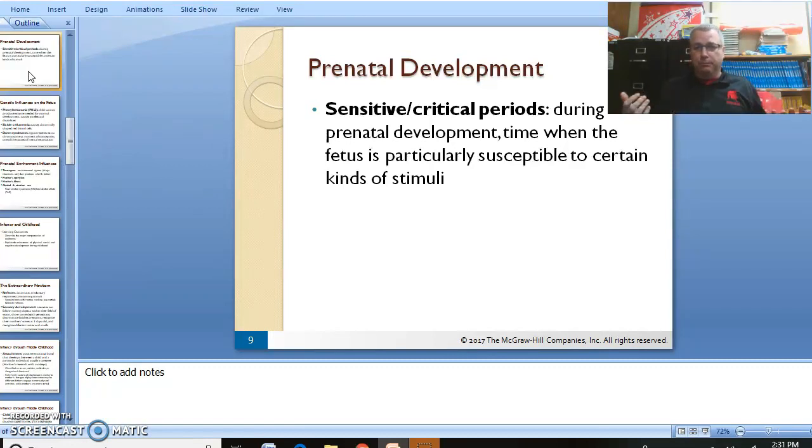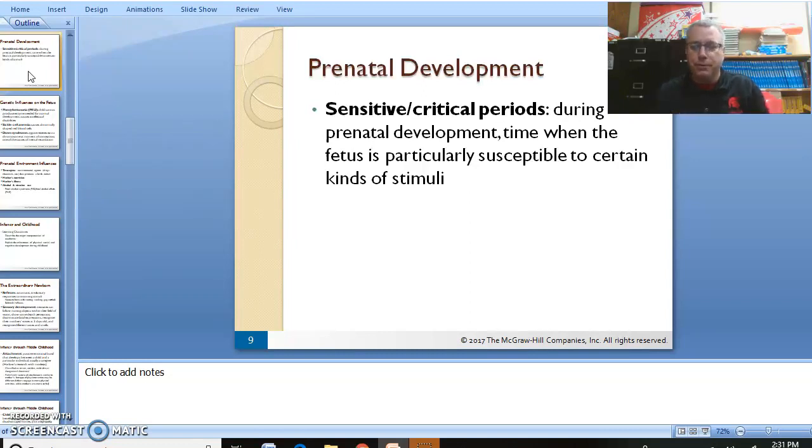So with alcohol, nicotine, any other type of drugs, medications even, mom has to be careful about what she's putting in her body, because oftentimes whatever she's taking, the medicine, the nicotine, the alcohol, can get to the developing baby, developing fetus, developing embryo. Okay, and so we have to be very careful about what we ingest, because this is a critical time period.